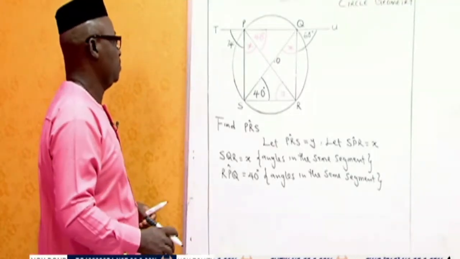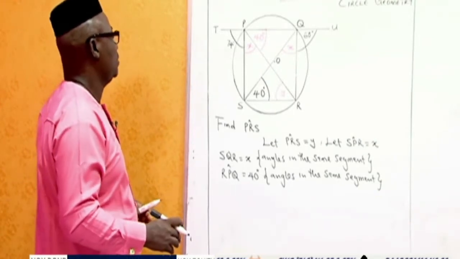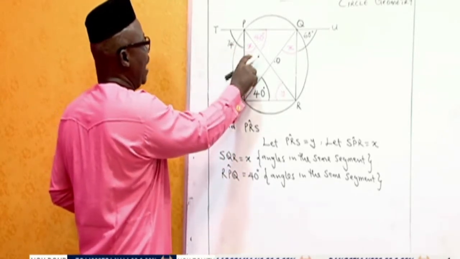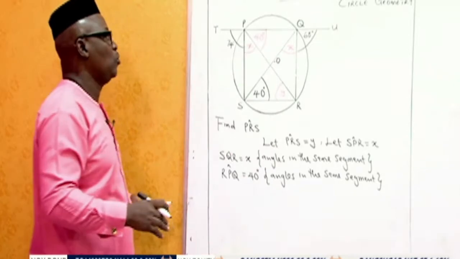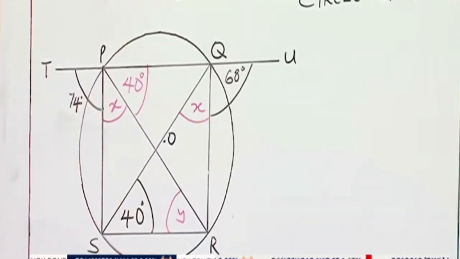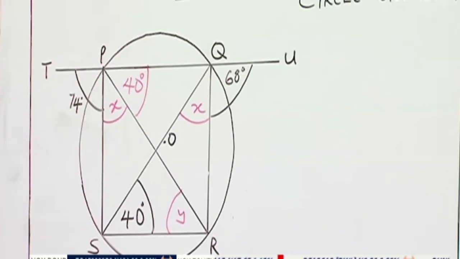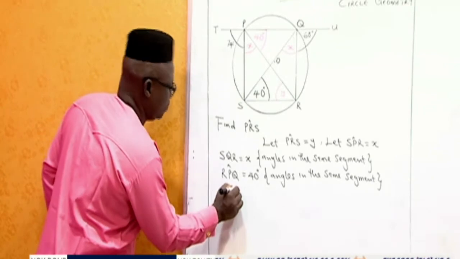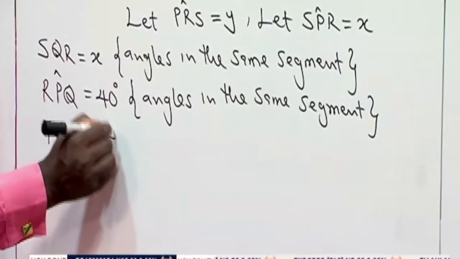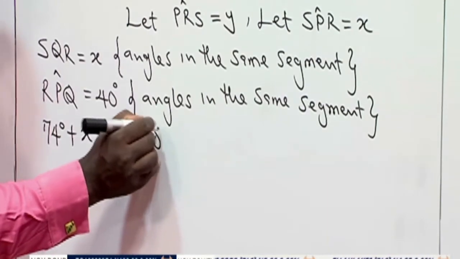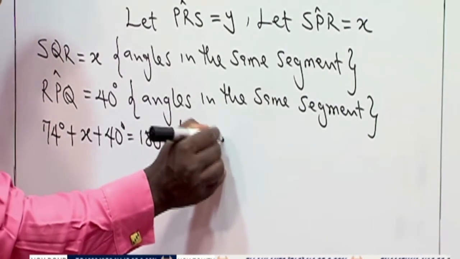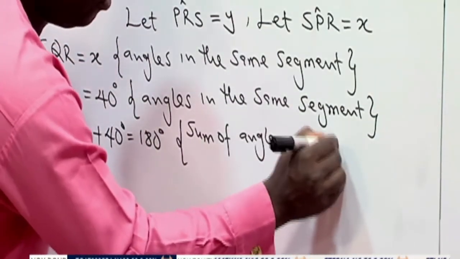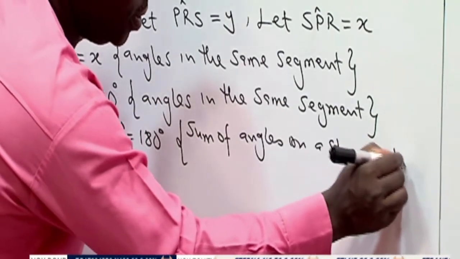Now at this point, I need to find the value of x by saying angle 74 plus x plus 40 is going to add up to 180 because they are the sum of angles on a straight line. So I'll go ahead to do that. 74 degrees plus x plus 40 degrees is 180. Sum of angles on a straight line.